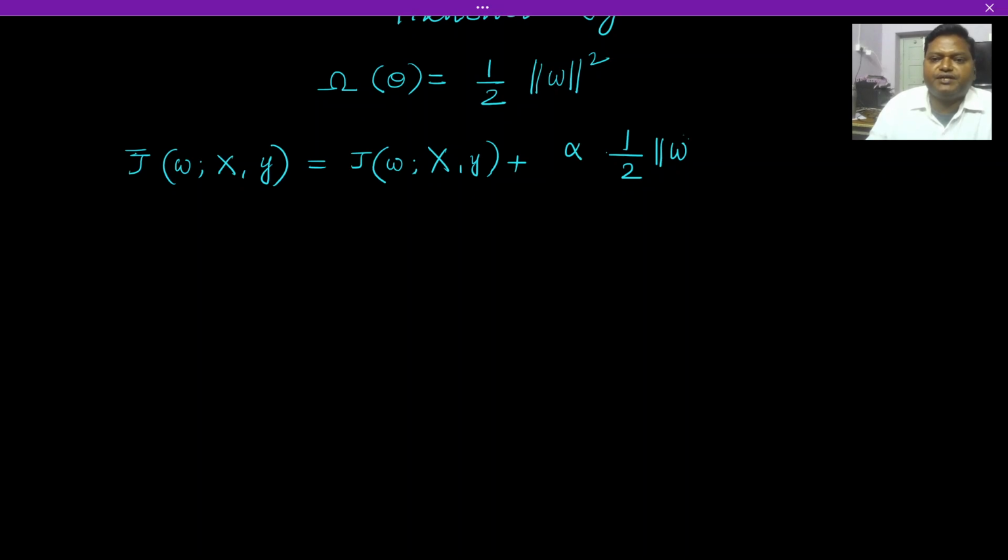Because W is a matrix, rather than writing square we can also write W transpose W.